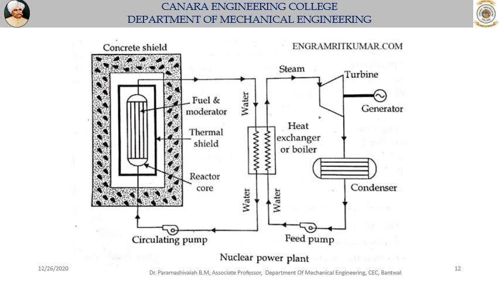After the fission reaction, a lot of heat is generated. That heat is absorbed by passing a liquid, usually heavy water. The liquid passed through acts as a heat exchanger here, absorbs the heat, and high temperature water comes out.